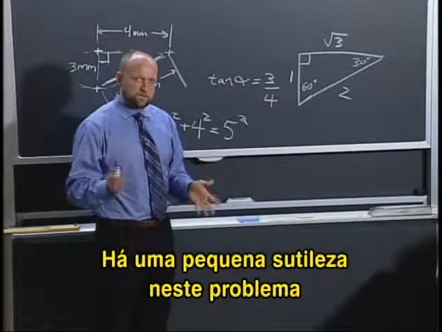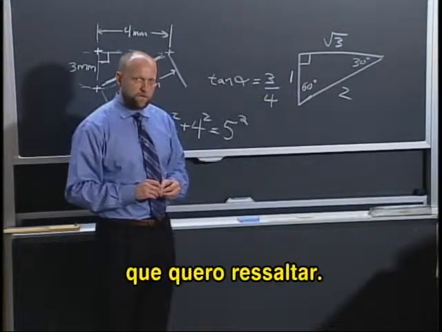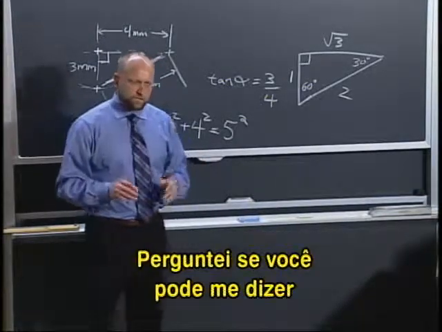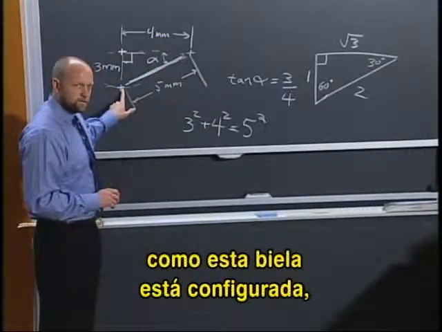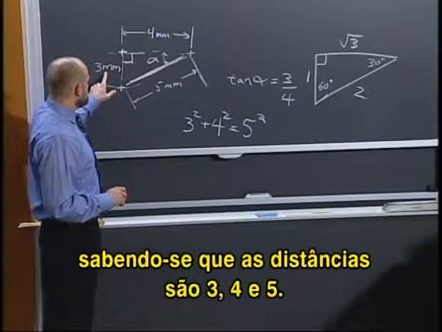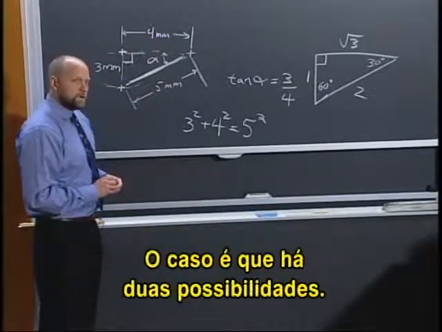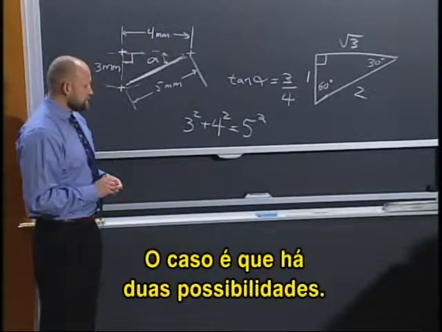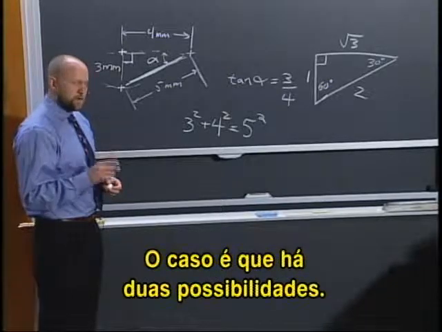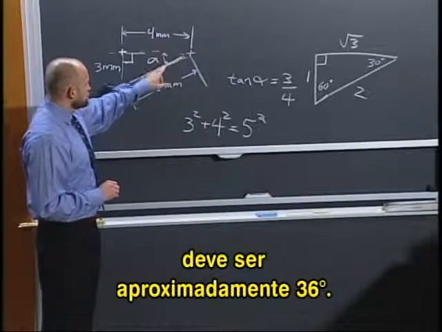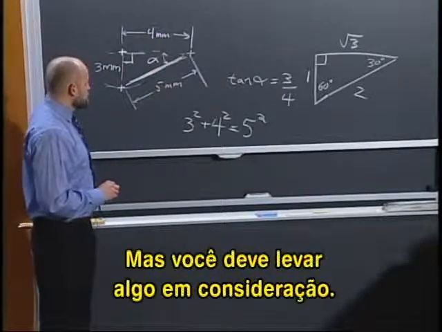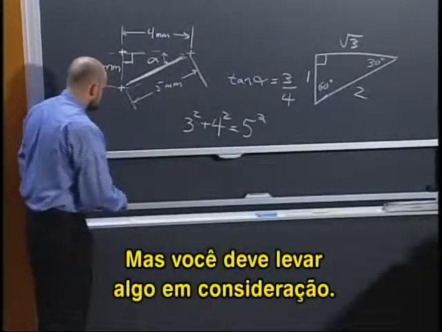Now there's one subtlety in this problem that I want to point out. I asked if you could tell me how this connecting rod is configured, given that you know these distances are 3 and 4 and 5. It happens to be the case that there are really two possibilities. We know that the angle in here should be about 36 degrees, but here's a consideration.